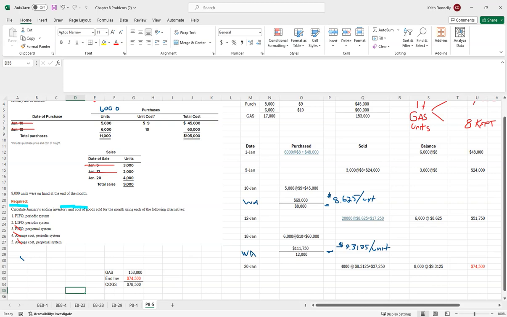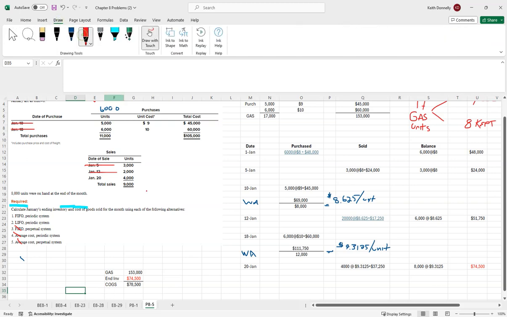So $78.5. In other words, in this situation with the perpetual moving weighted average, we had $153 to account for in dollars.